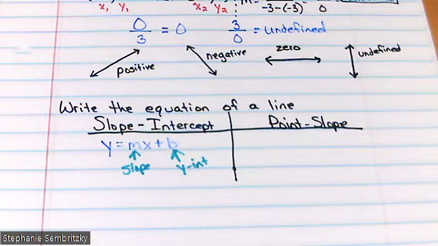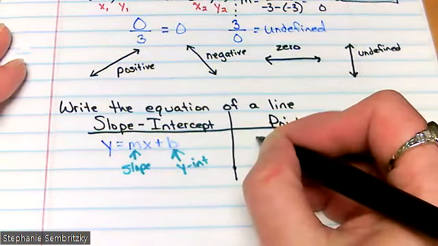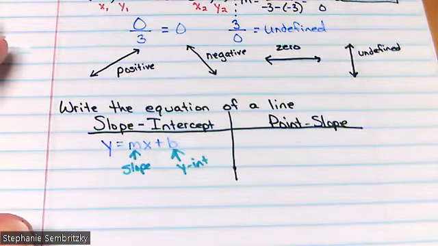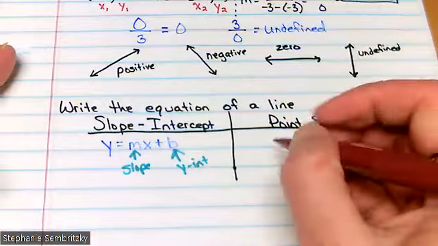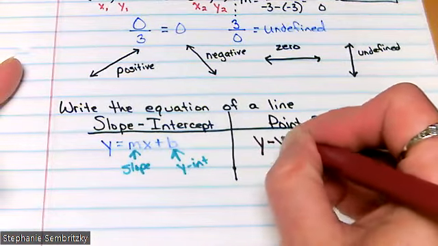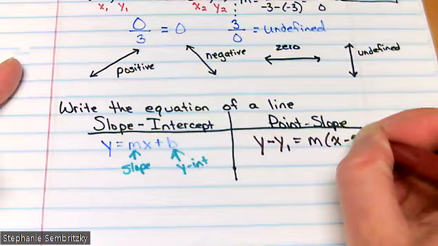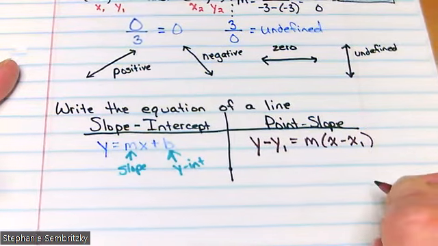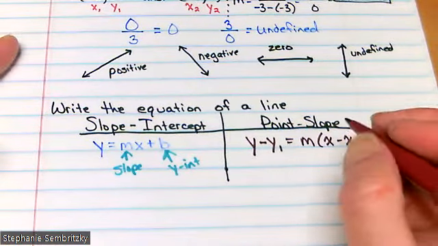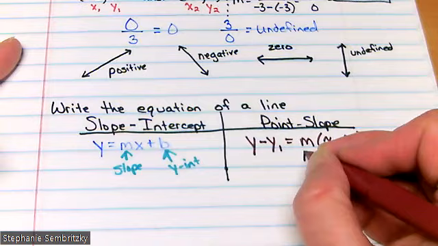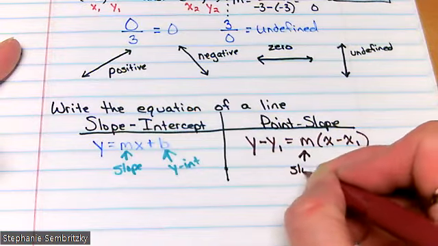Now, point-slope looks like this. Let me get a different color here. Y minus y1 equals m times x minus x1. What you need to be able to use this one is you need slope. That's still my m.